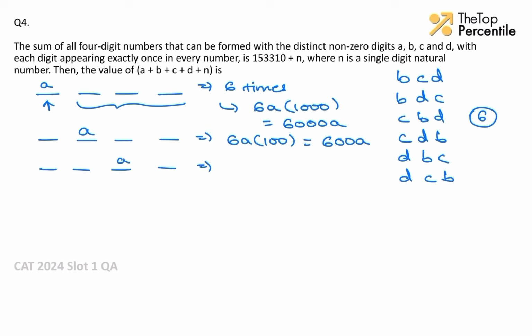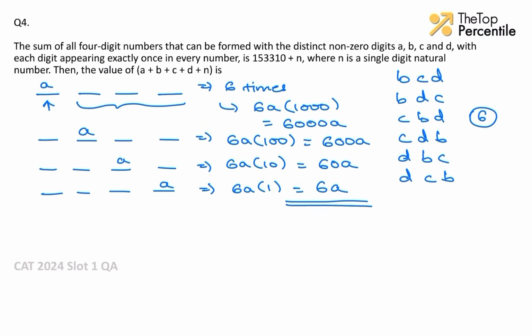Here as well, A will be there for six times, so this will give me 6A into 10, that will be 60A. Let's put A in the units place, so this will be 6A into 1, this will give me 6A. On adding these up, I'll get 6666A.